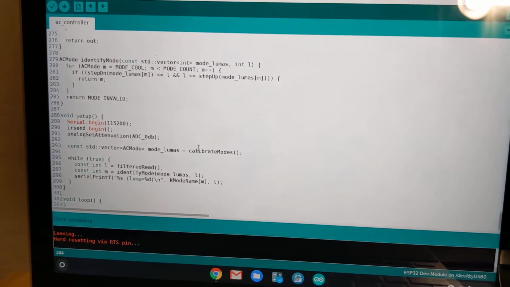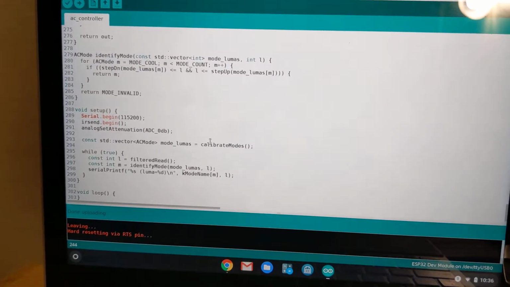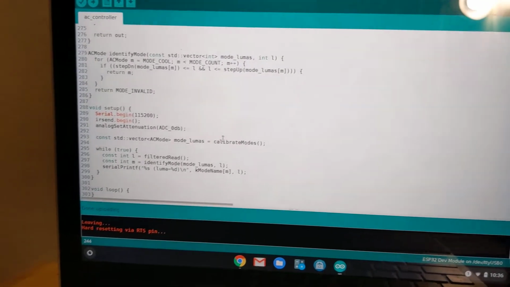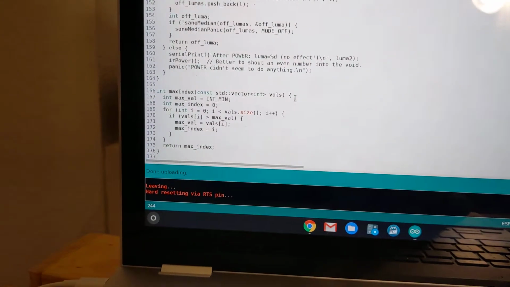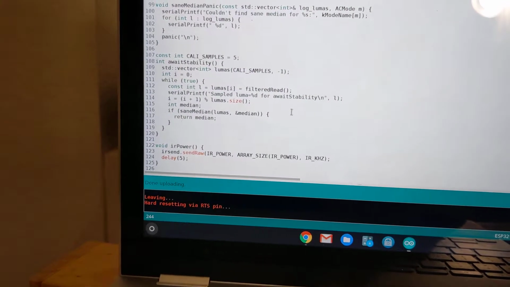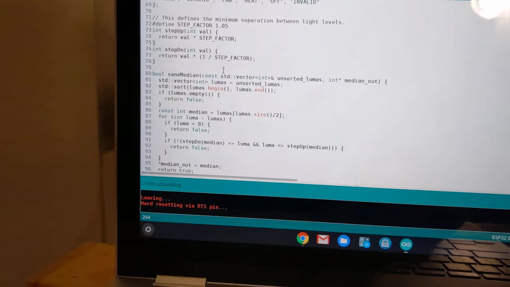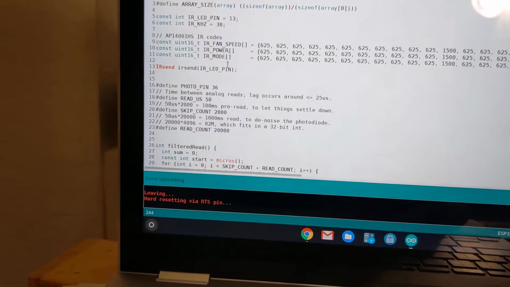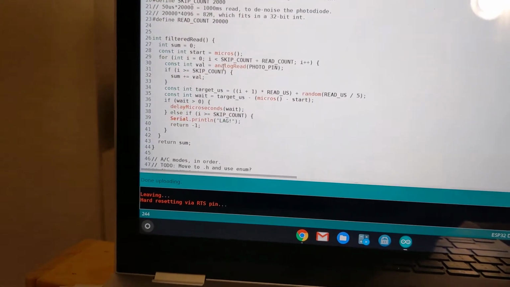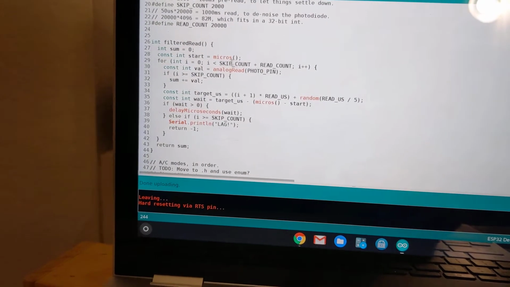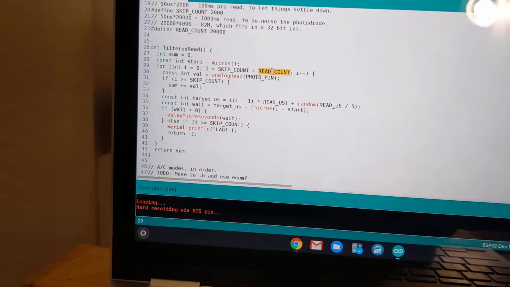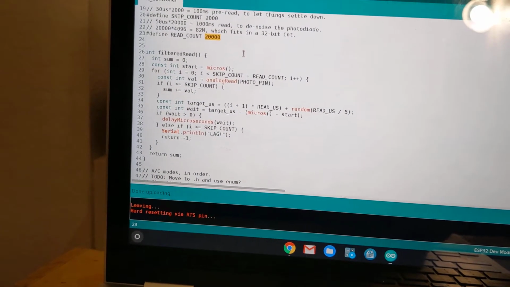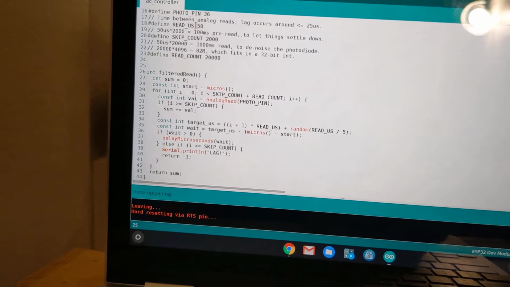So I don't know if I'm using the photodiode correctly. I think I probably should be using some kind of op-amp or, I don't know, at least a capacitor or something. But right now what I have is, it will just read the input thousands of times. This filter to read will basically read 20,000 times, and each time is separated by 50 microseconds.